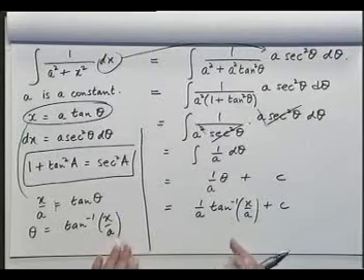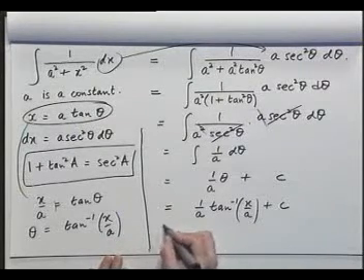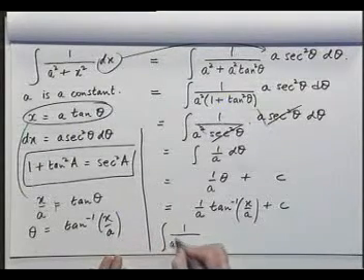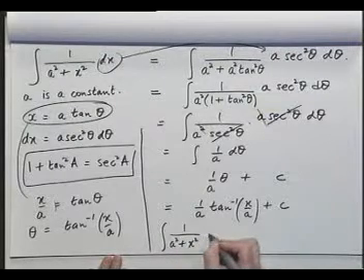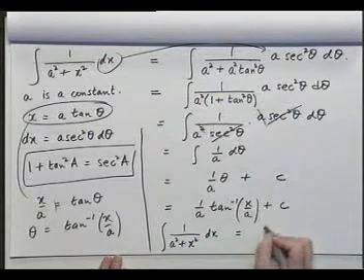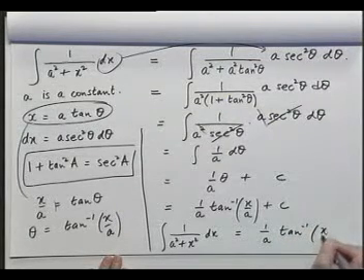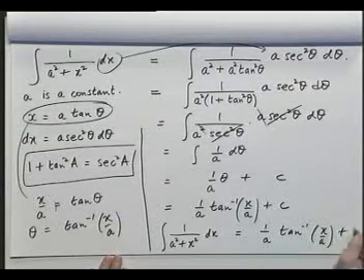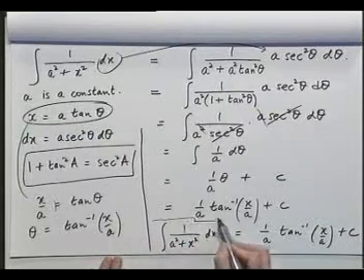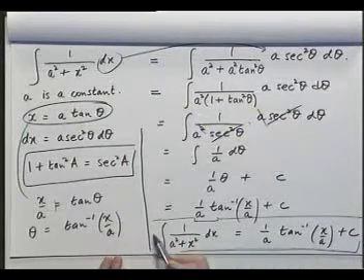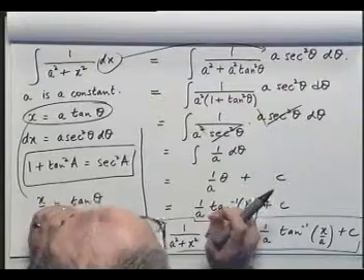And this is another very important standard result, that the integral of 1 over a squared plus x squared with respect to x is 1 over a tan to the minus 1 of x over a plus a constant. As before, that's a standard result that you'll see frequently in all the tables of integrals, and you'll need to call upon that in lots of situations when you're required to do integration.